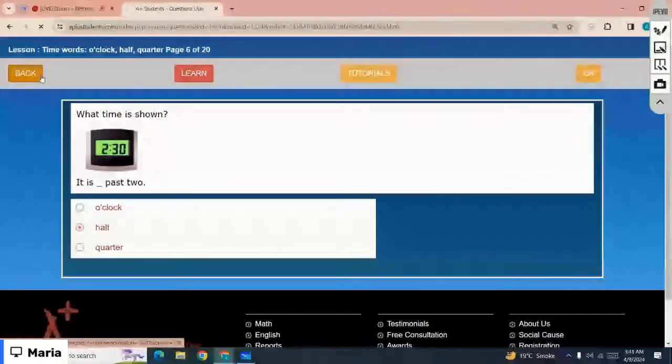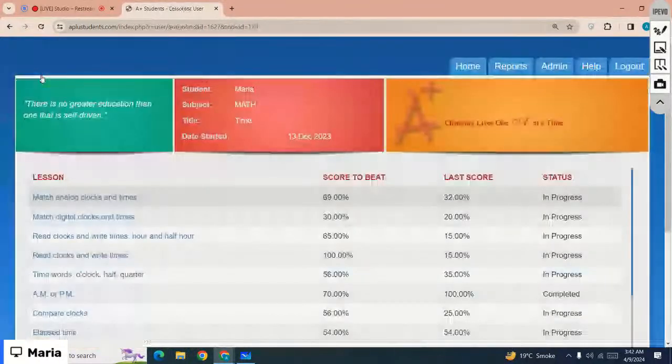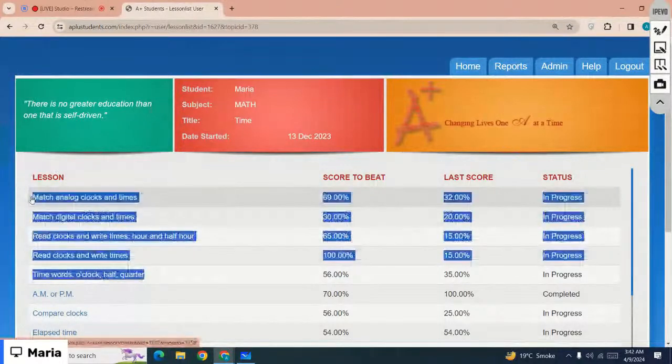So we were working on grade 2 math. What we were working on is time. The lessons we have covered today are analog clocks and time, match digital clocks and time, read clocks and write time, hour and half hour, read clocks and write times, time words, o'clock, half, and quarter, right?